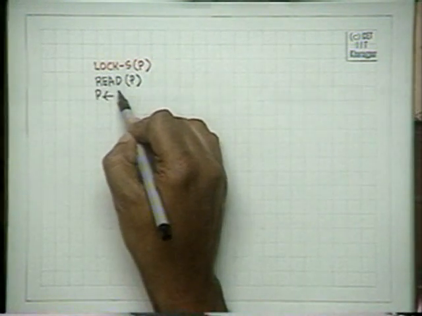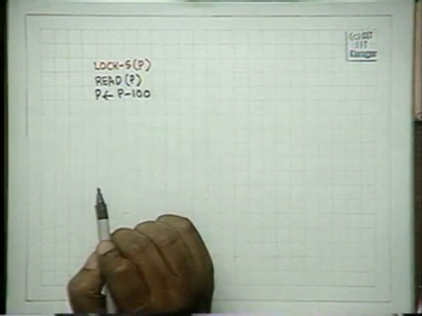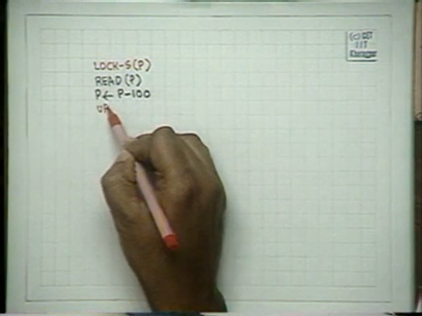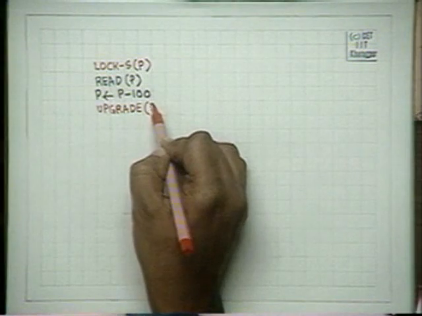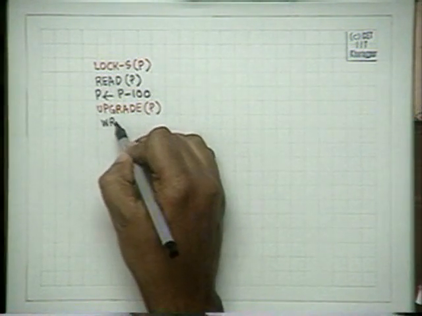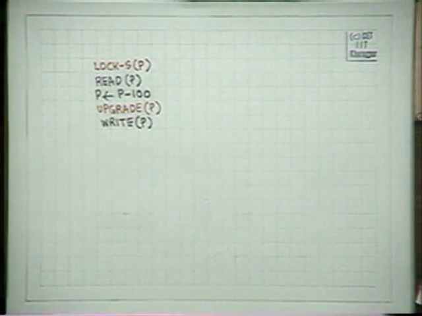P assigned P minus 100. The next statement is write P. Before writing, we upgrade P, and then do write P. Now P is in exclusive mode.